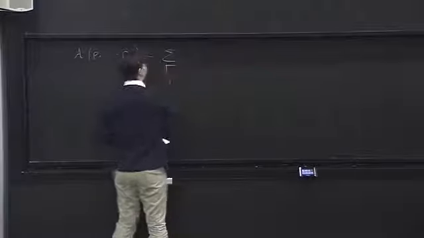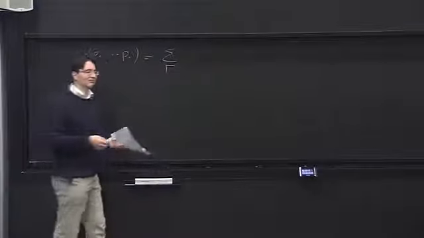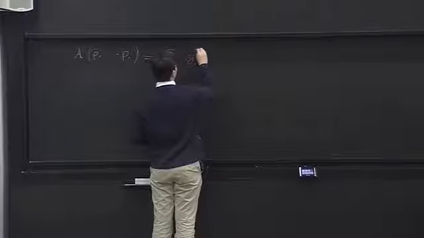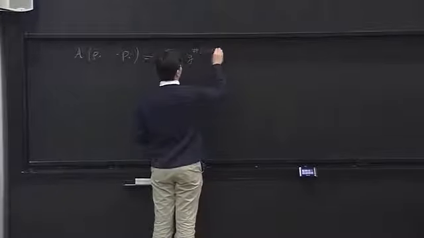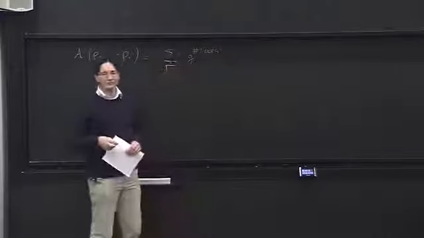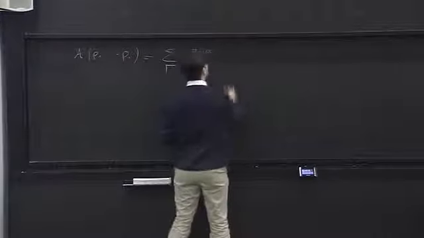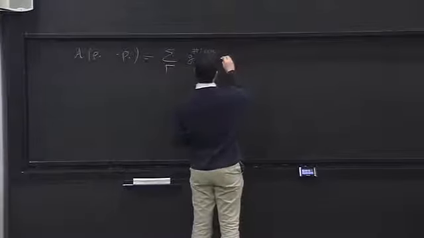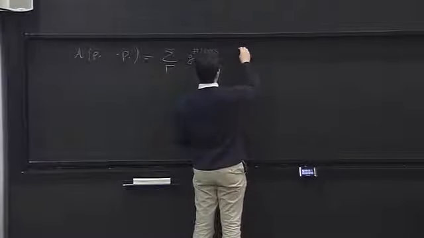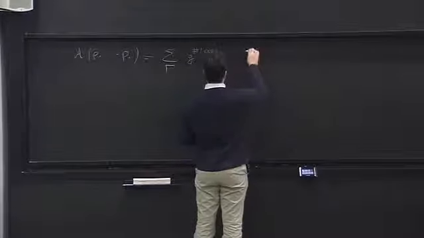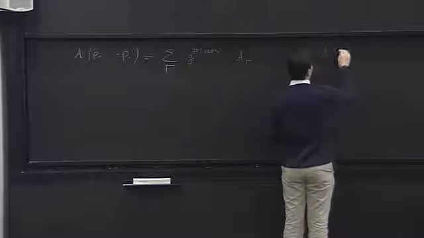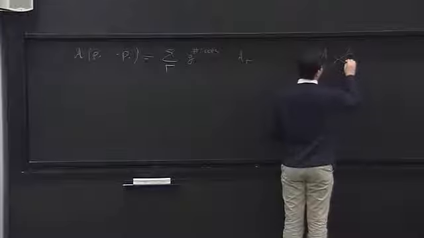So you sum over a certain class of graphs with some coupling and some other numbers. Then you take your graph, and you build an amplitude for that graph. Say there's something that looks like this.